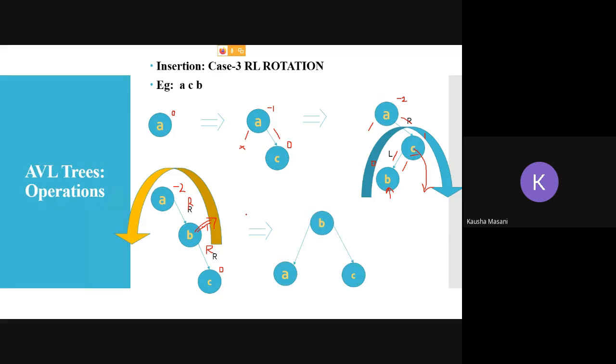It will look something like this. Okay, so B is pulled up, A moves on the left side because we are rotating on the left side. Okay, and C is on the right of B. So again go and calculate the balance factor. At A you have 0, at C also you have 0, and at B 1 minus 1. So again 0. Okay, this case is clear or any doubt?